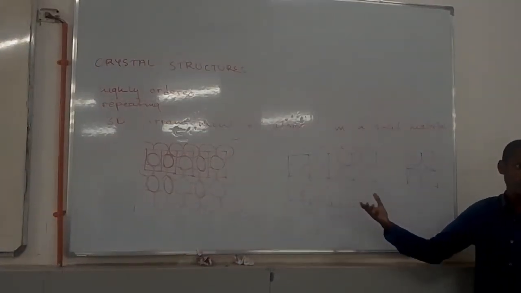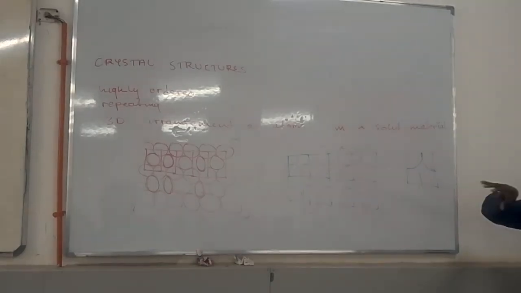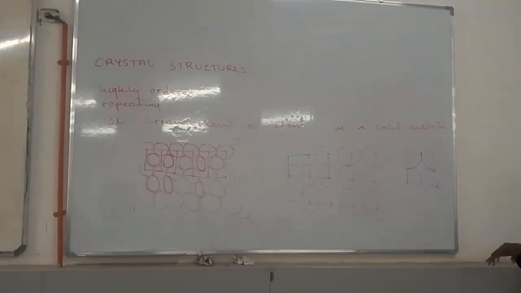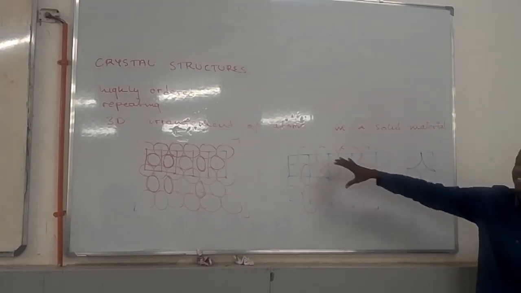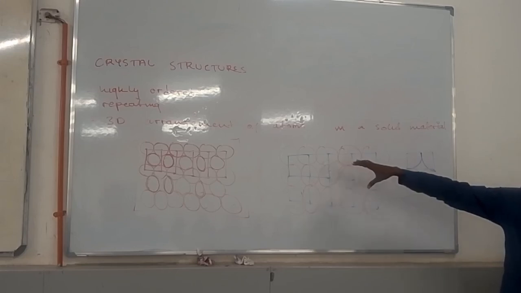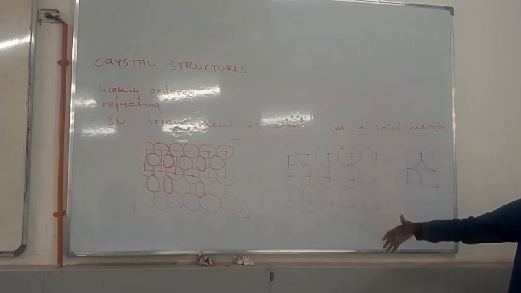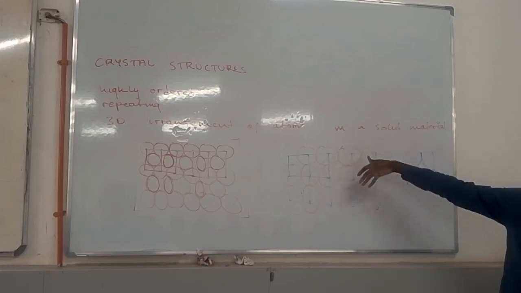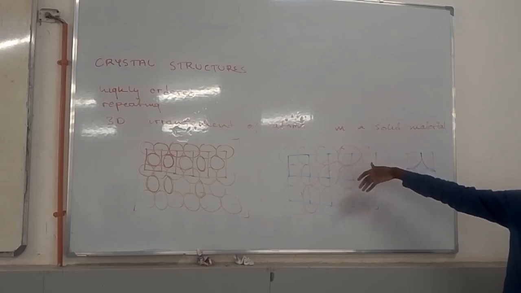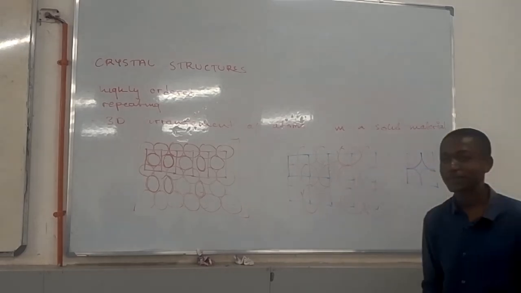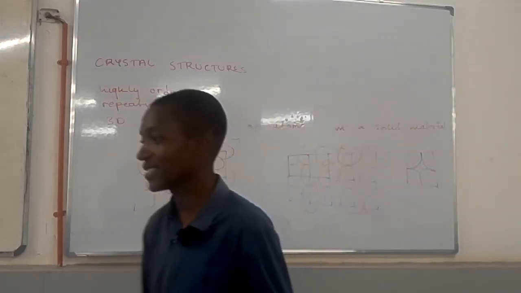So if we say that it is 3D, this has to be represented in 3 dimensions. What you're seeing here are the atoms in front. Even the atoms behind this have the same arrangement. Okay?